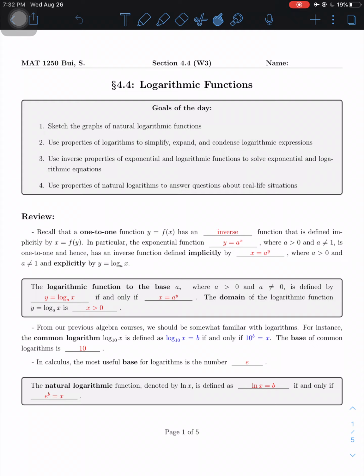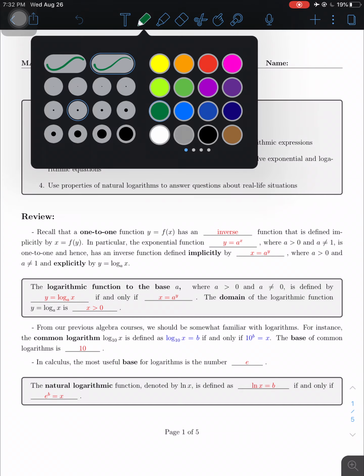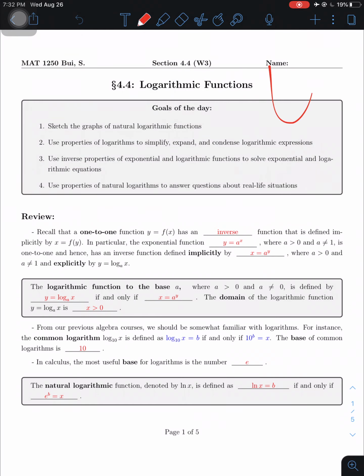For example, if I give you something like a parabola, this is not a one-to-one function. First of all, let me draw the xy axis in here. Okay, there we go.